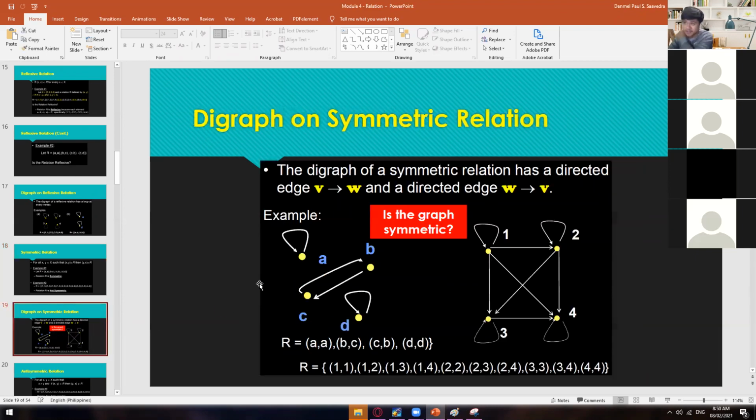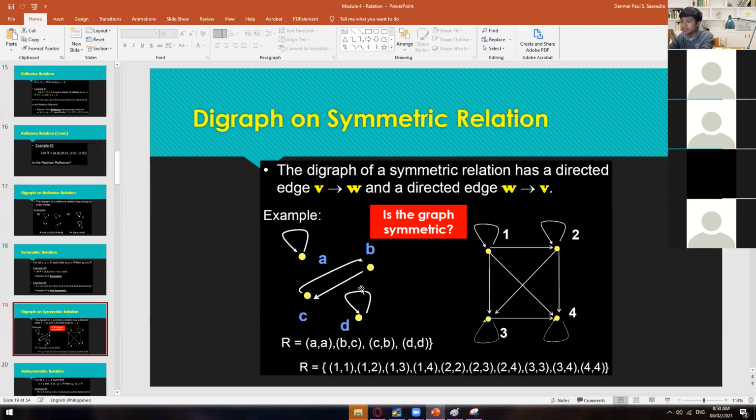Let's move on to the digraph on symmetric relation. The digraph of a symmetric relation has a directed edge from vertex v to w and a directed edge from w to v, so it should be vice versa. (a,a) and (b,b), no problem; I have already explained that one.